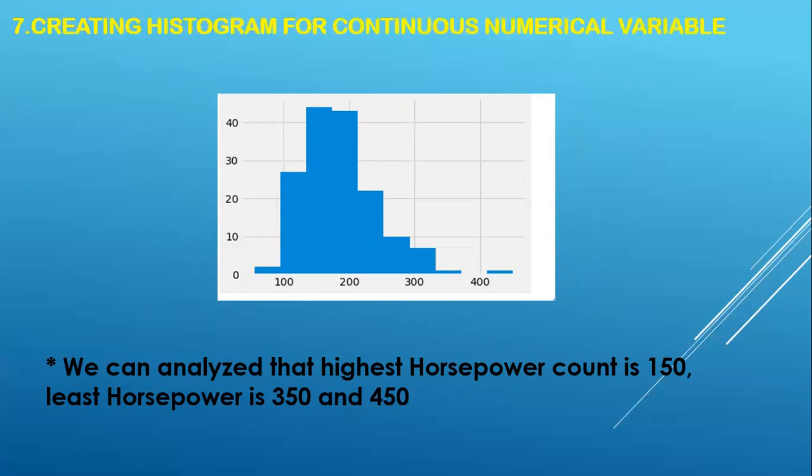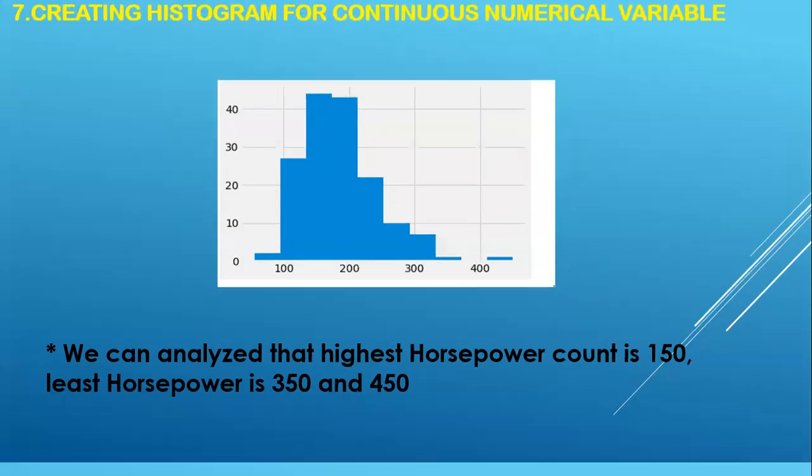Counting the numerical variable, we can analyze that the highest horsepower count is at 150, and the least horsepower counts are at 350 and 450. Here the bins are 50, 50, 100. In the place of 150, the highest horsepower count is there.